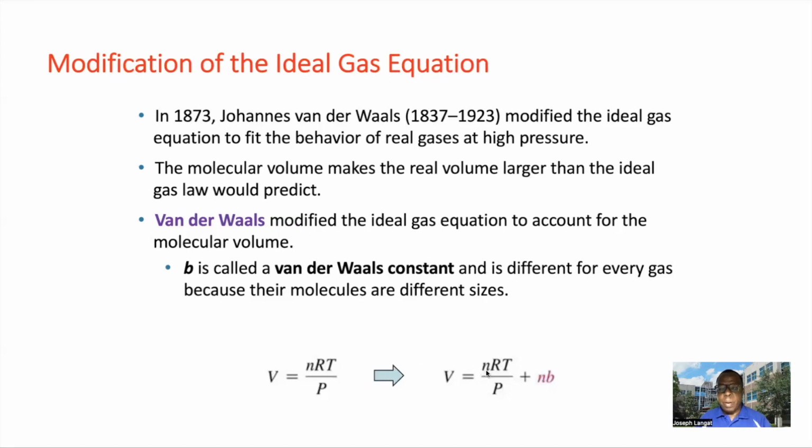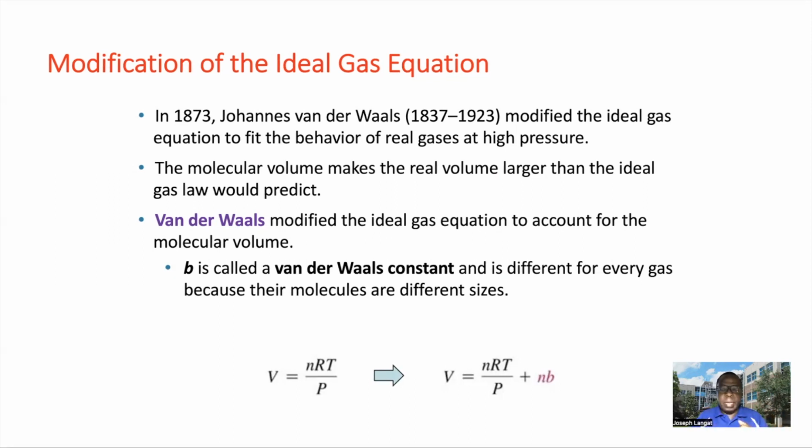It is given by the number of moles times the universal gas constant, 0.08206, times the temperature in Kelvin, over the pressure in atmospheres, plus n, the number of moles, times b. Here b is called the van der Waals constant, and it is constant for each gas. You will be given it for every gas because it is different for each real gas.